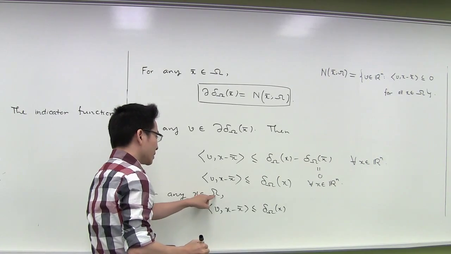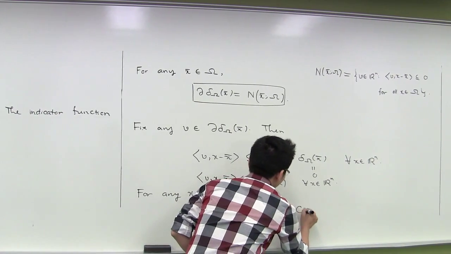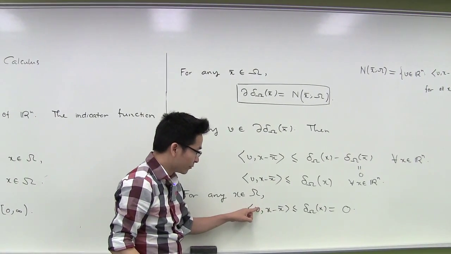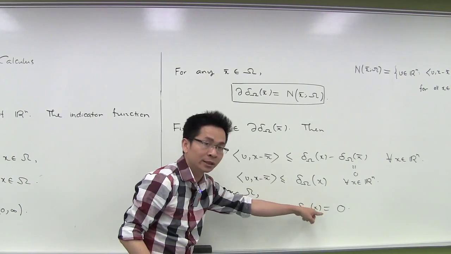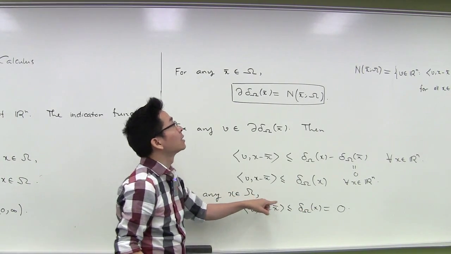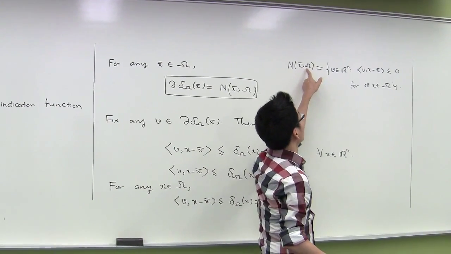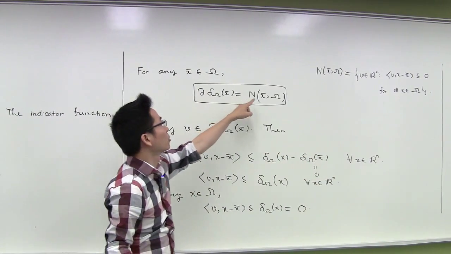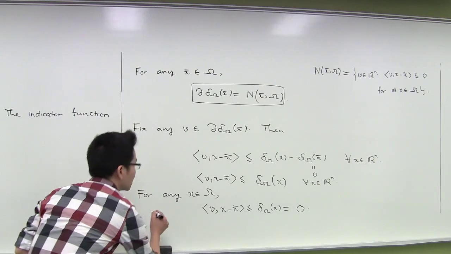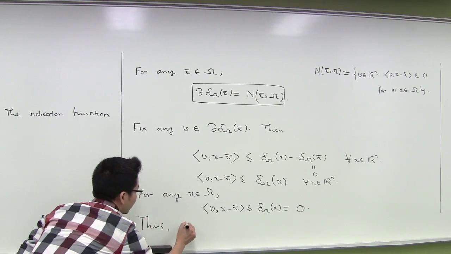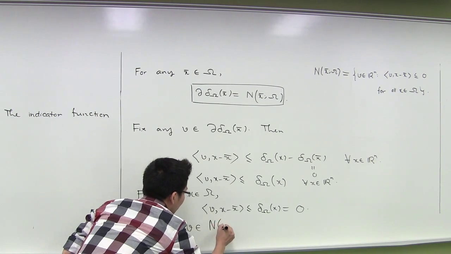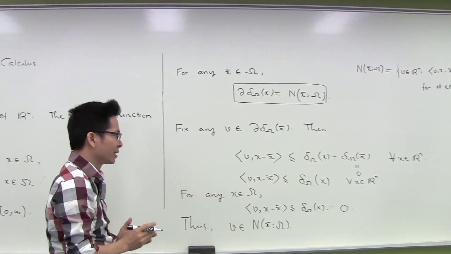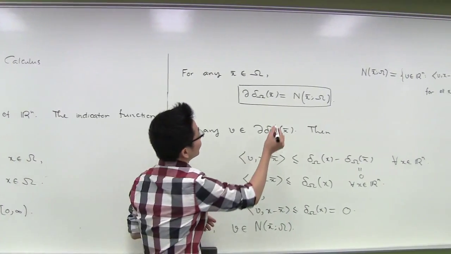But here x is in omega, so by the definition this is 0. We obtain the following: the inner product of v and x minus x bar is less than or equal to 0 for all x in omega. By the definition of the normal cone to omega at x bar, v belongs to the normal cone to omega at x bar. Thus, we obtained this inclusion.